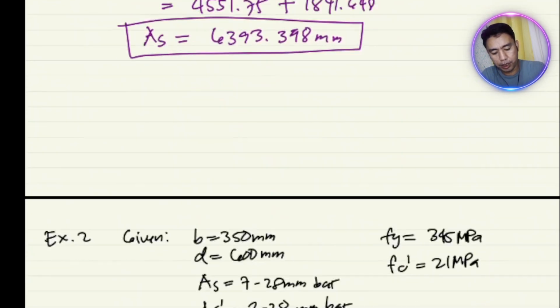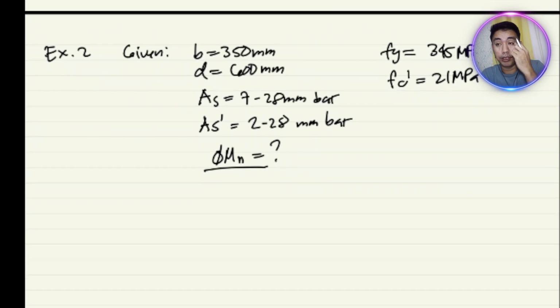Now, in this further example, we will be solving an investigation problem wherein, as we know, in investigation, the section and the area of the bar is already given, and then we will determine the maximum moments. In practical sense, we determine the moment capacity and then compare it to actual load. Okay. So that's why we are tasked to investigate.